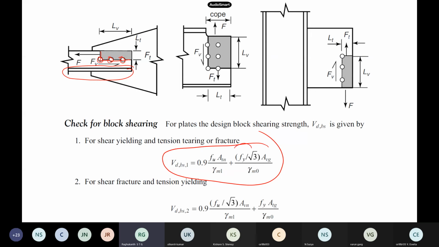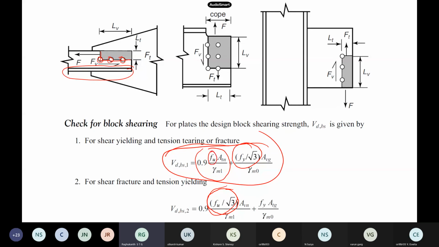Fy by root 3 means what type of plane it is? Wherever you see root 3, it is a shear plane. Just remember, don't reverse. Root 3 means the von Mises thing should come to your mind automatically.